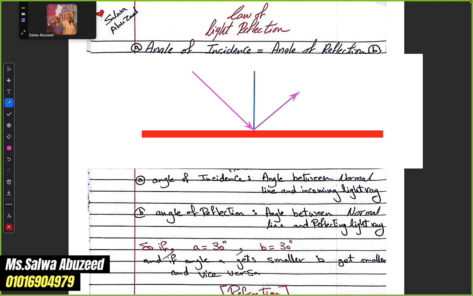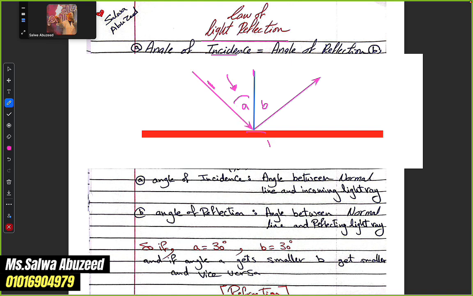The arrow coming out will be called the reflecting light ray. If this incoming light ray reflects from the other side with the same angle, let's say this is angle A and angle B, that proves the law of light reflection. I call the one between the normal line and the incoming light ray the angle of incidence. To remember it, I used to think of the word accident: it's like a coming ray that made an accident, like a hit.